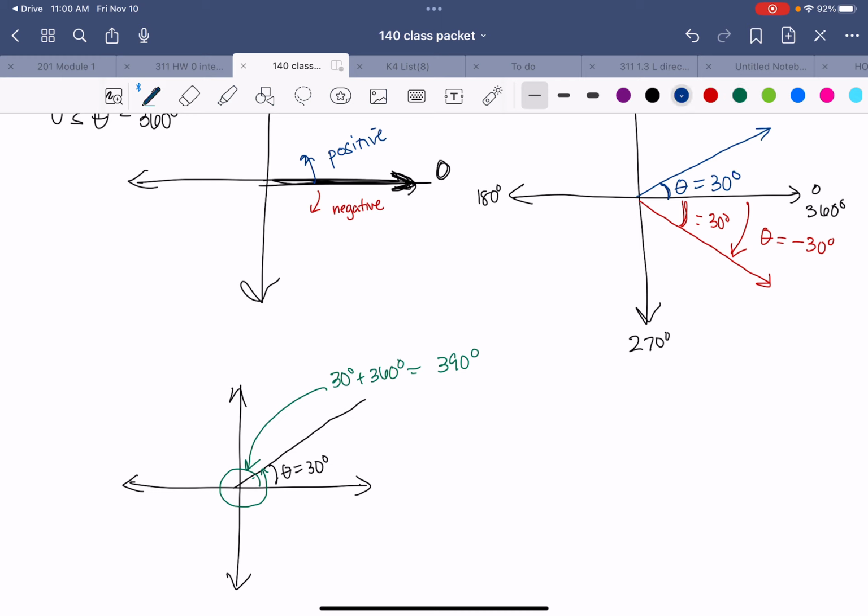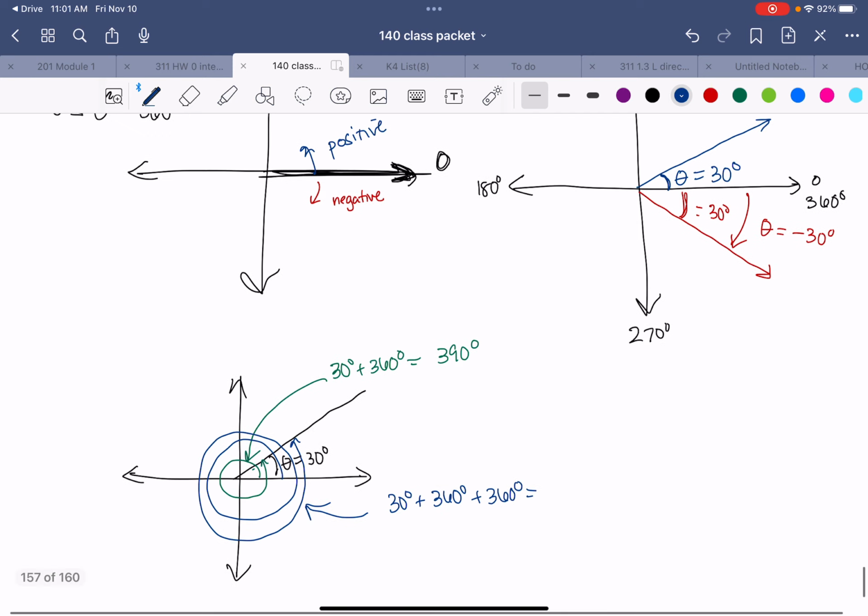If I go around the circle twice, all the way around, and stop at 30, then that's 30 plus 360 for the first time around, plus 360 for the second time around, and now we're at 750. So every time you add 360 degrees, it gives you a new coterminal angle.